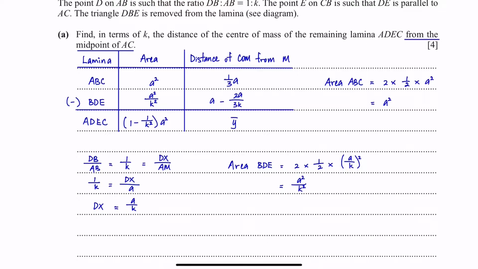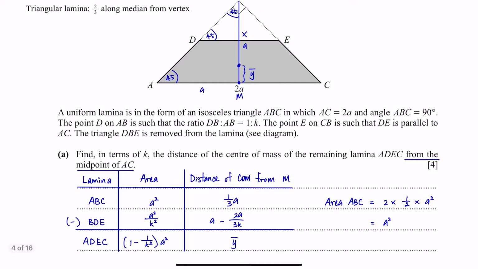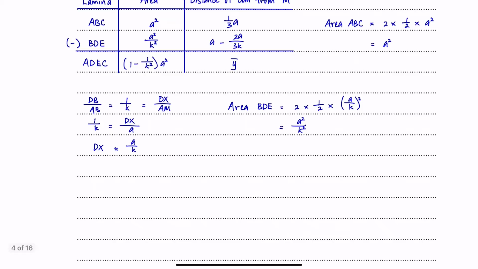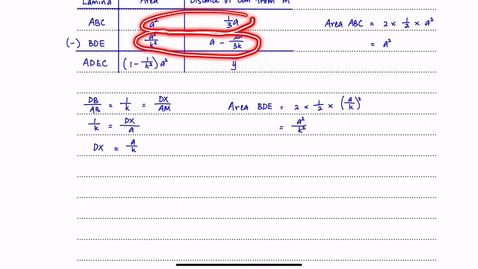And the distance of COM for ADEC from M, we now call it y bar, and we would now try to find y bar. So what we do is we multiply this minus the multiple of this equals the multiple of this.